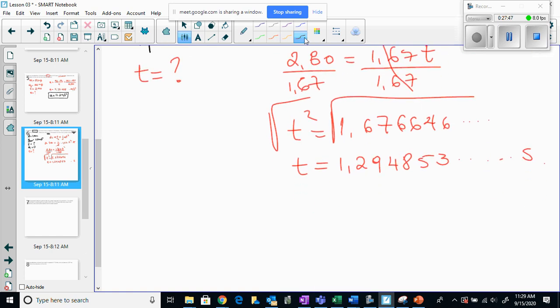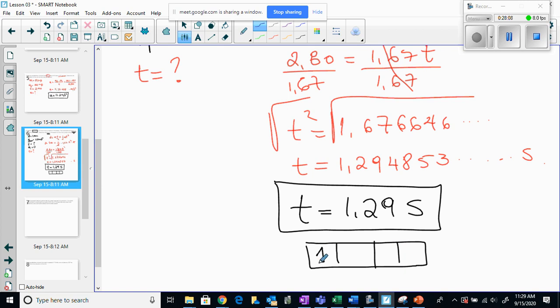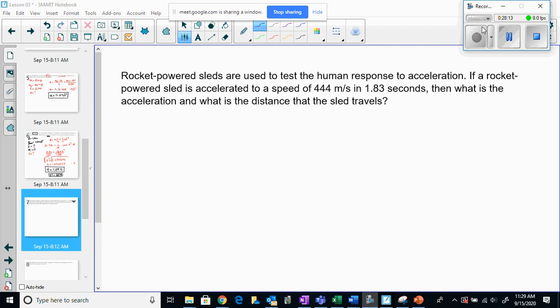So the final answer will be time is equal to 1.29 seconds. And if this was a numerical response and you have to record it into those famous 4 boxes, then you will have 1, 2, 3, 4: 1.29. Questions?